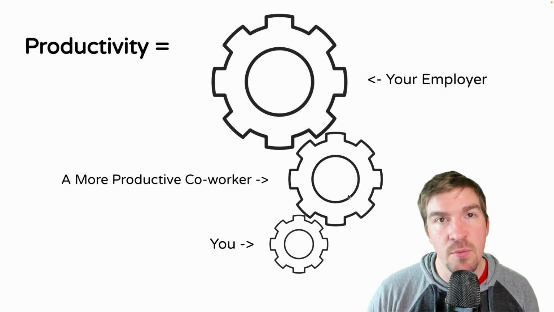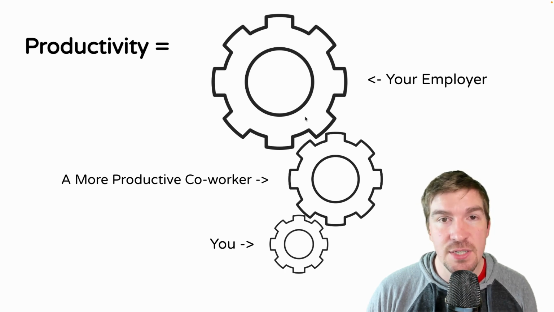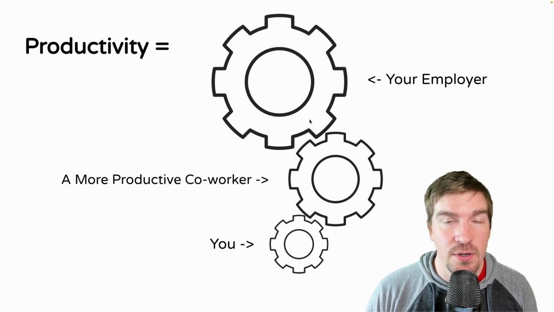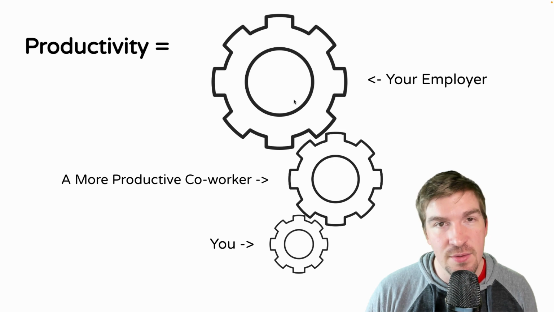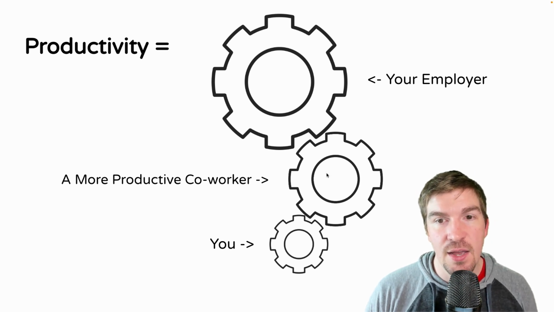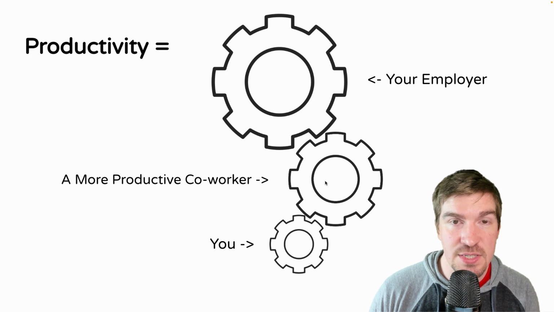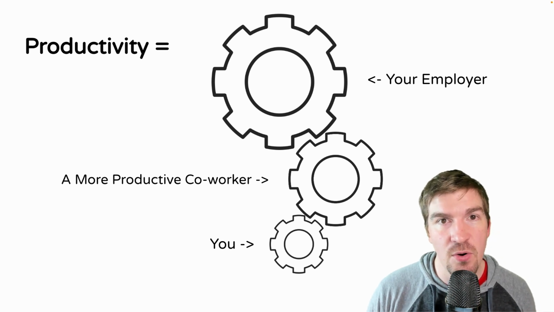And as a more productive employee, you make more money. And obviously, the employer makes the most money. That's also because they are the most productive, right? They produce the most value for their clients and customers. And collaboratively, everybody is driving that business.